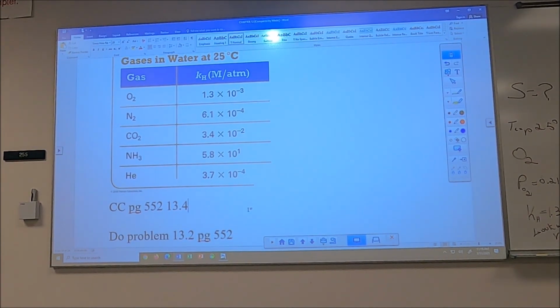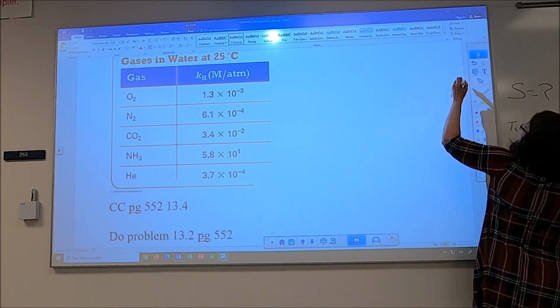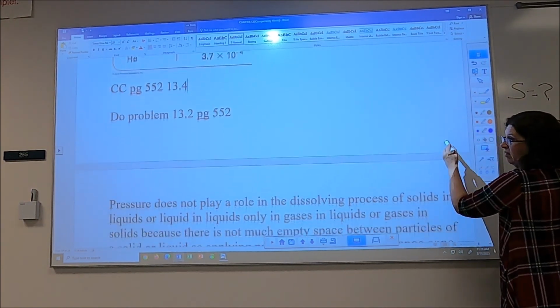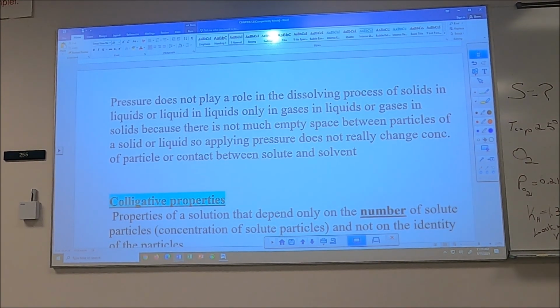Okay. Now, pressure really doesn't play a role in the dissolving process of solids, liquids, or liquids in liquids.